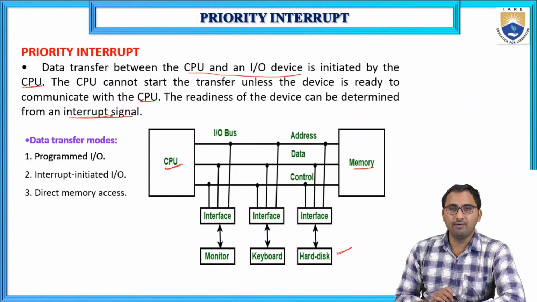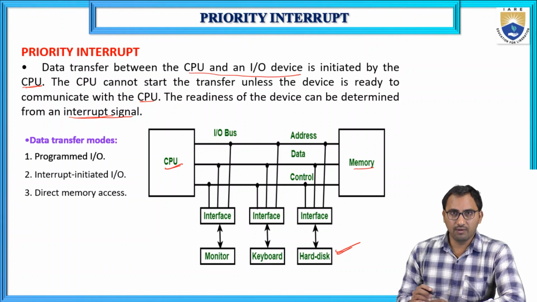Whenever the I/O device is ready to communicate with the CPU, the I/O device will send one interrupt signal to the CPU, so that the CPU will get involved in the operation. In that way, using the interrupter, we are initiating the data transfer between the CPU and the I/O devices.